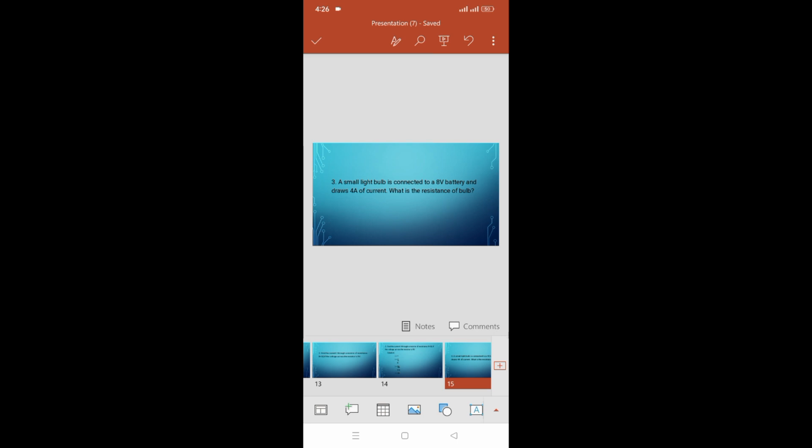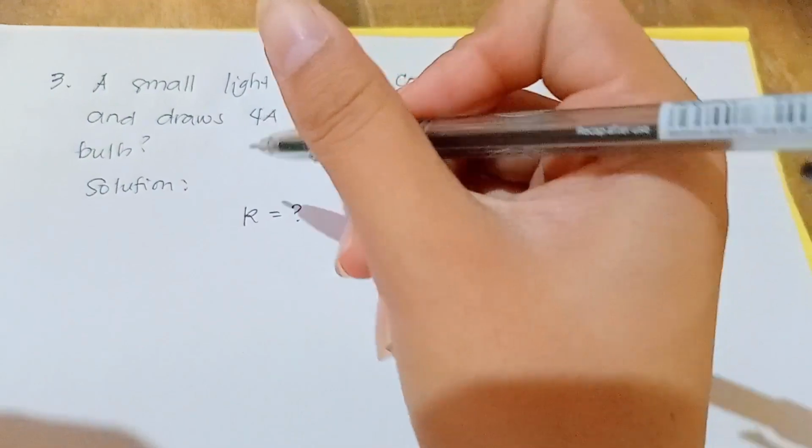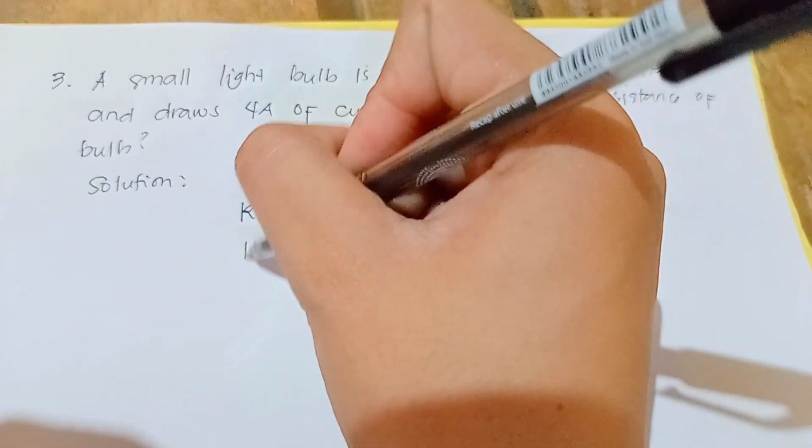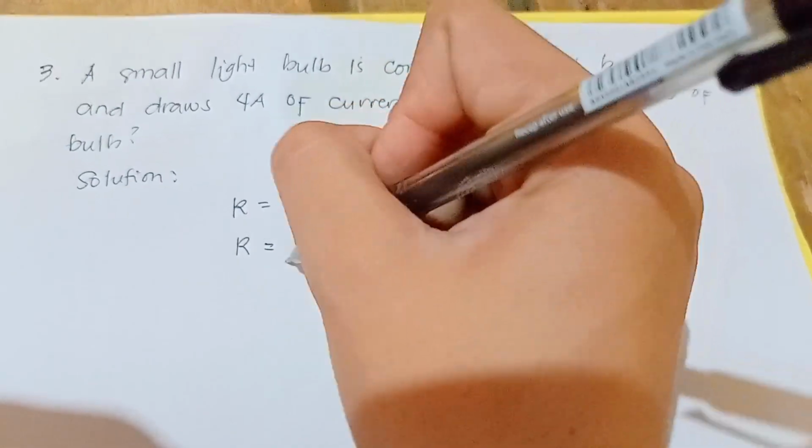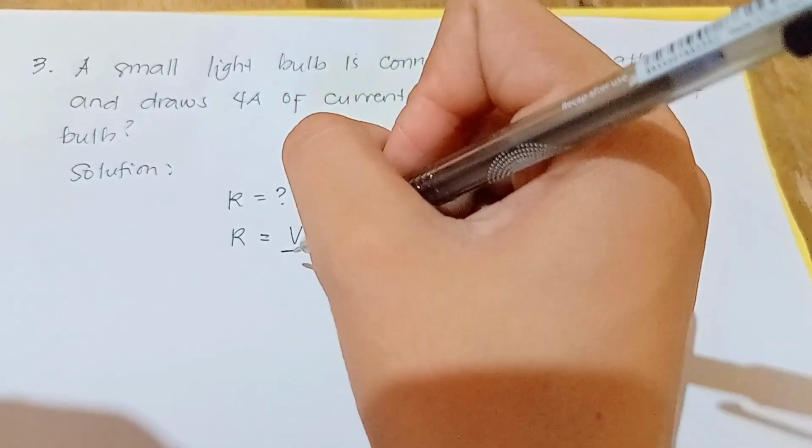Next example. A small light bulb is connected to an 8 volts battery and draws 4 ampere of current. What is the resistance of the bulb? The formula of resistance is R is equal to volts divided by current.